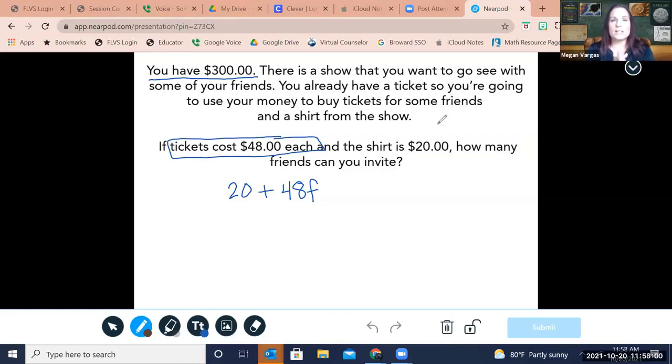What inequality symbol would I use to show that I cannot go over $300? Anyone want to try it? Want to take a stab at it? Which inequality would mean that I cannot go over? Close. I would say type it in the chat, but I don't know if you can type it. Does that give you a hint?